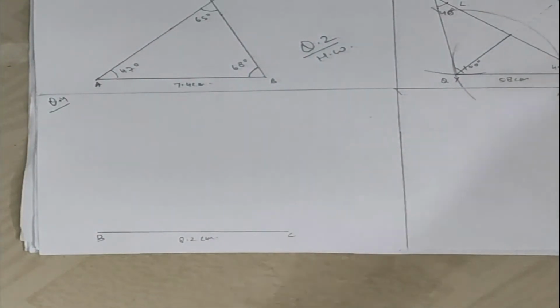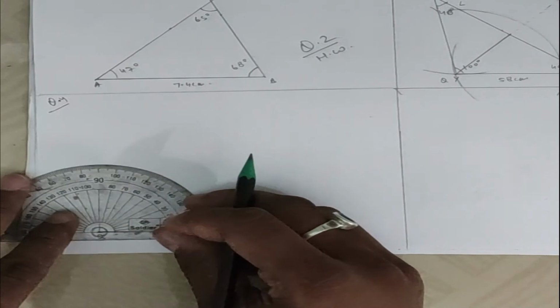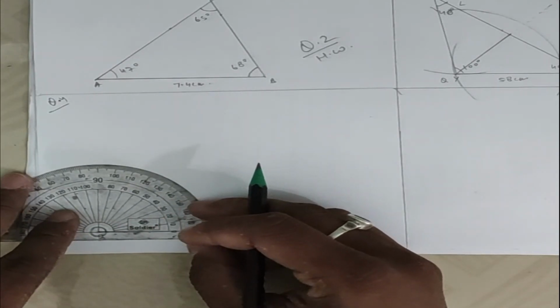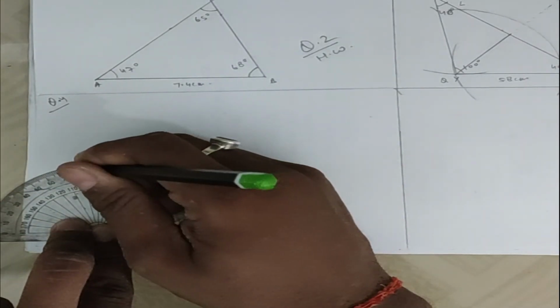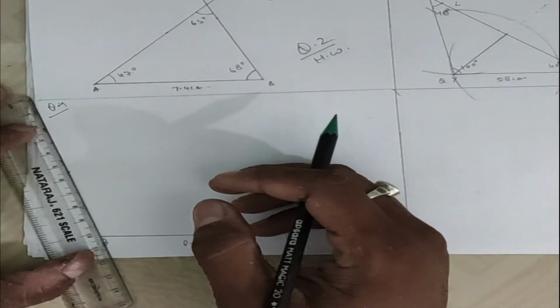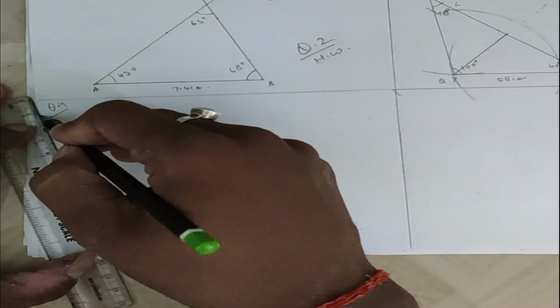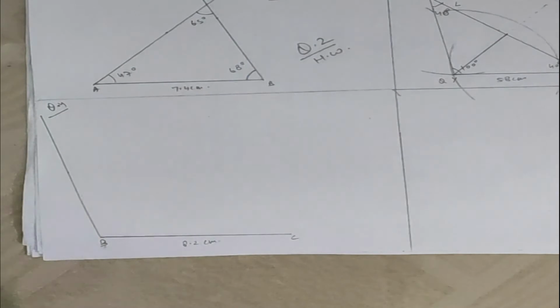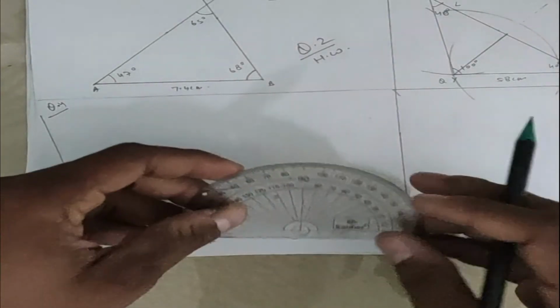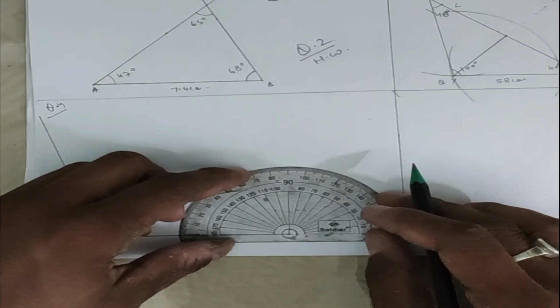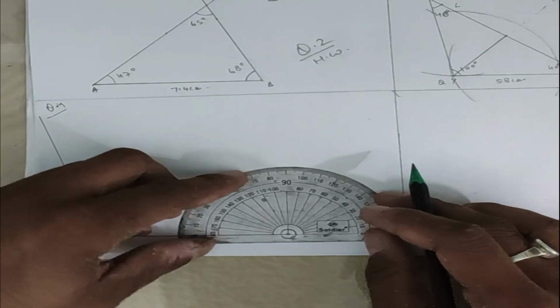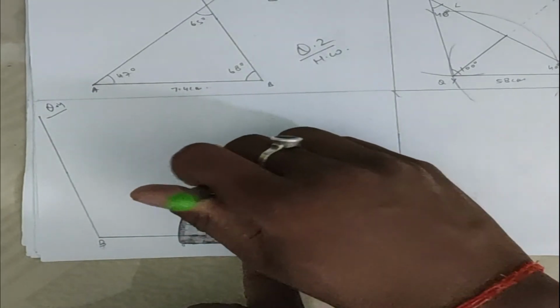Okay, then B is 105 degree. So from B we need to make an angle of 105 degree, that is 100 and that is 105 degree. Okay, now from C we need to make a 45 degree angle. So from C we will make a 45 degree angle. 45 is here.